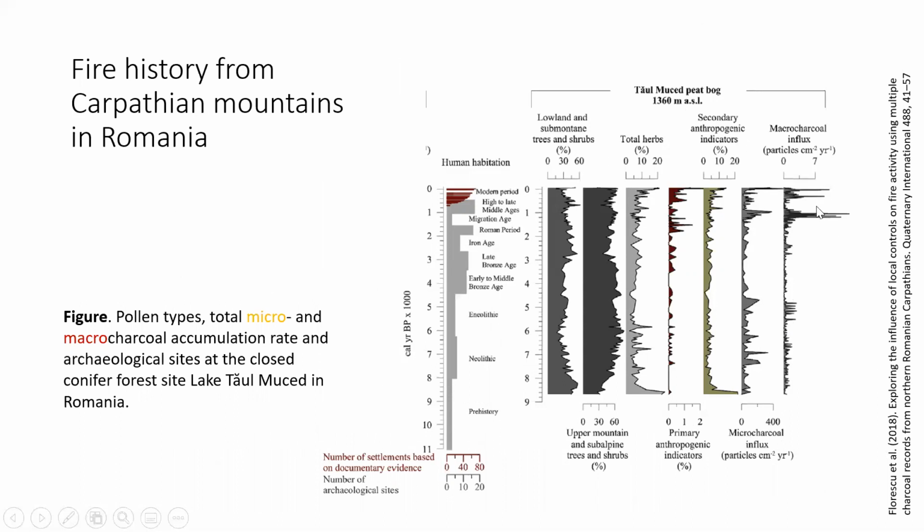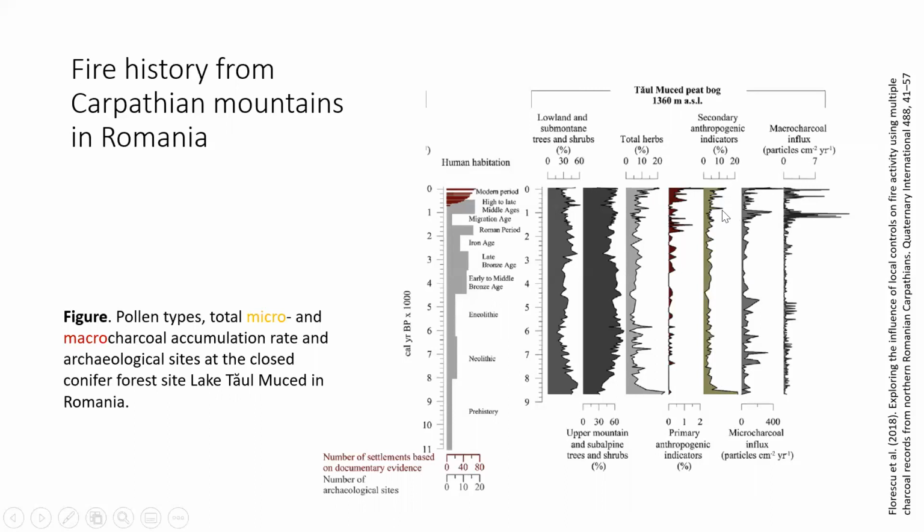They've found this low indication of local fires, and we can see that these fires go together with the indicators of primary anthropogenic pollen taxa, so basically meaning cultivated plants, or then there are other plants benefiting from the human presence, and those are secondary anthropogenic indicators.